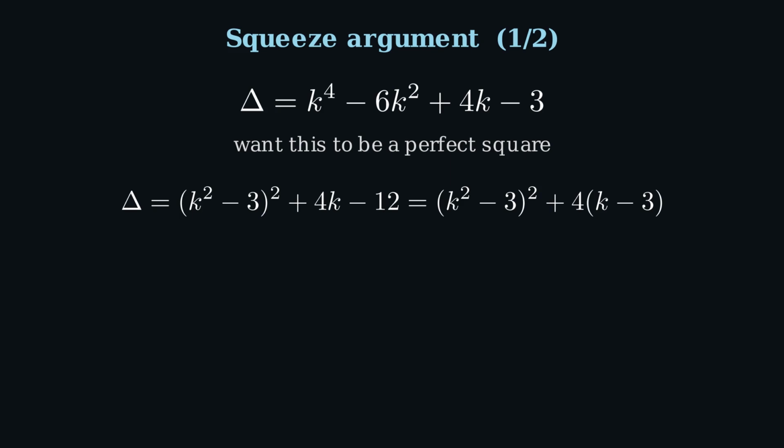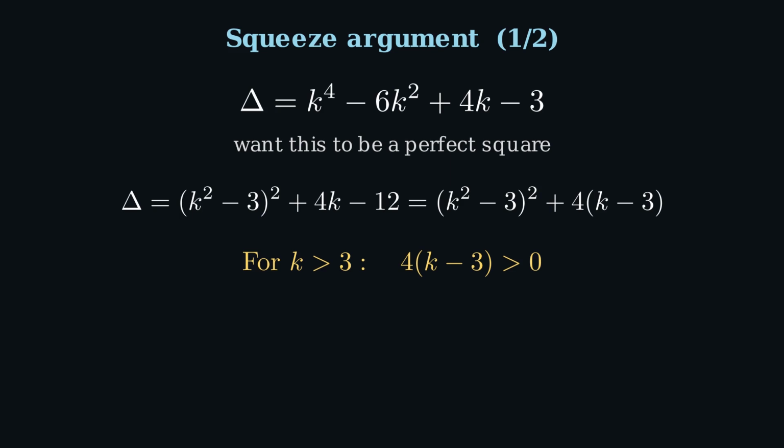And we see that this square is always positive. And if k is bigger than 3, then 4k minus 12 is also positive, because 4k is bigger than 12. So then we get two positive numbers. This is positive always because it's a square, and if k is bigger than 3, then this is positive.